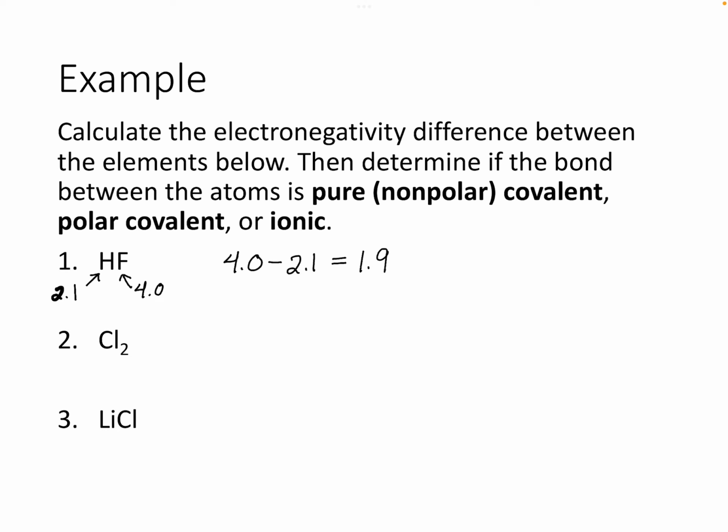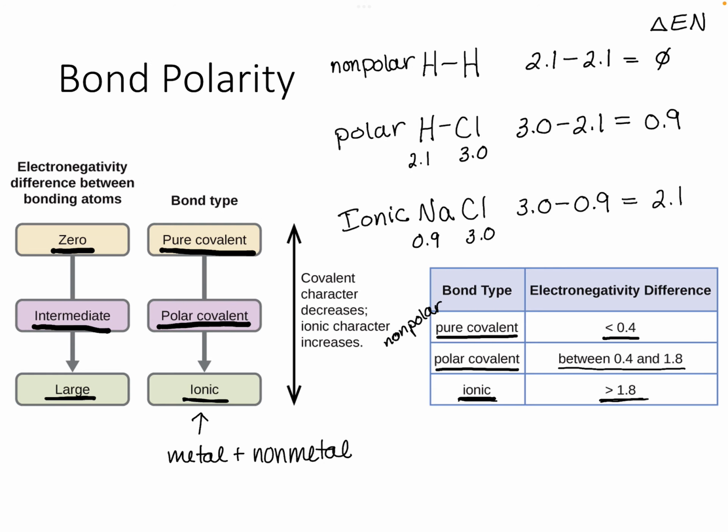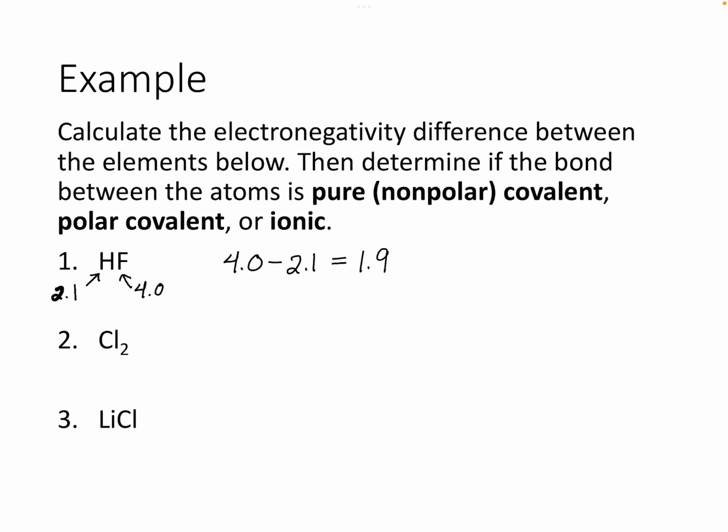All right, so let's go back to our chart and see how we would categorize that. So looking at our table, 1.9 is greater than 1.8. So would that be an ionic bond? Well, let's see. We have two nonmetals, right? Hydrogen and fluorine are nonmetals. So this shouldn't be ionic.